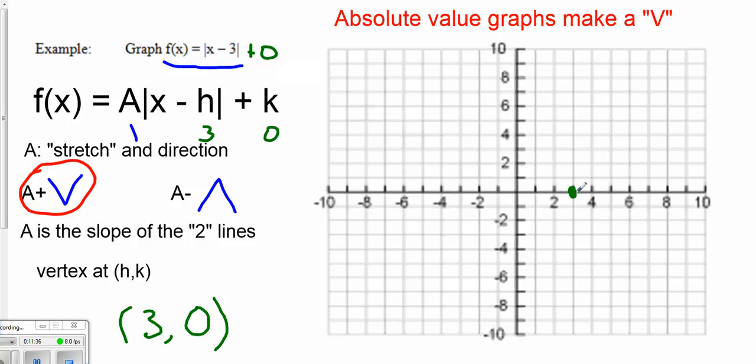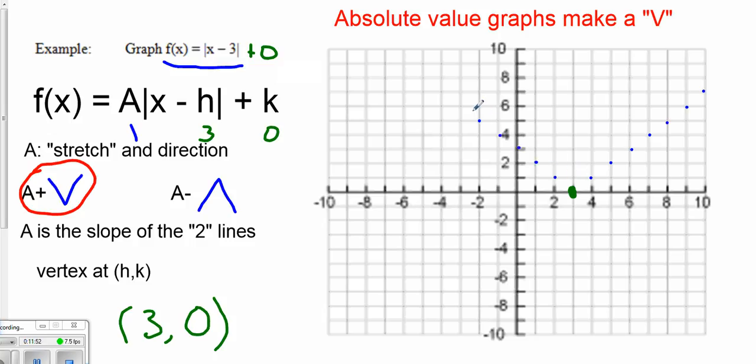So from there we would say go up 1 over 1, up 1 over 1, start making dots like this. Also, go in the opposite direction, up 1 and left 1, up 1, left 1.